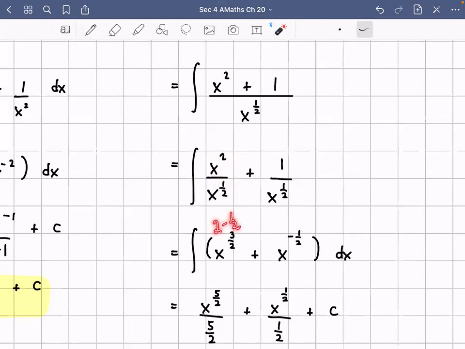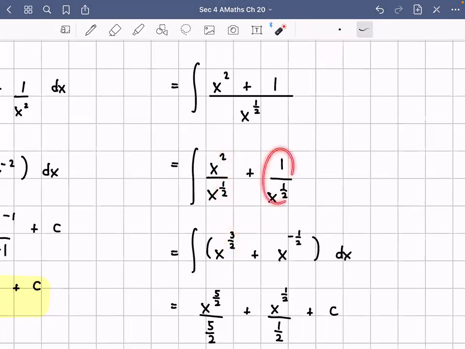When you do 2 minus 1/2, your answer is 3 over 2. If you're not sure, you can just type this in your calculator. You type 2 minus 1/2, and you'll get 3 over 2. Is that clear? Again, 2 minus 1/2 gives you 3 over 2.